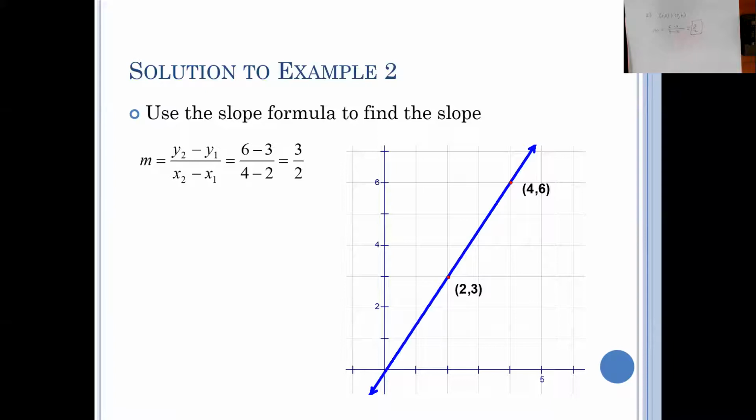And if you trace with your pencil between the two red points, literally you're going over 2, hopefully you can see my pointer, and then up 3. And then here, you're going over 2, up 3. There are multiple points you can do that with, but clearly the slope is 3/2, describing the line as moving over 2 units and then going up 3 units.